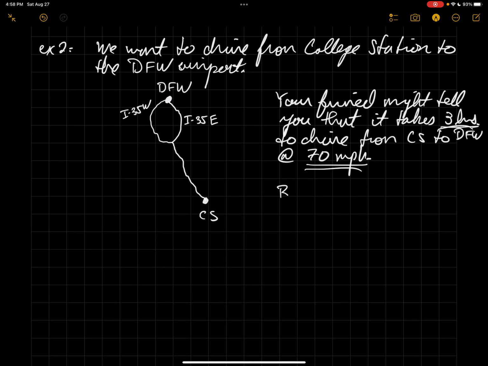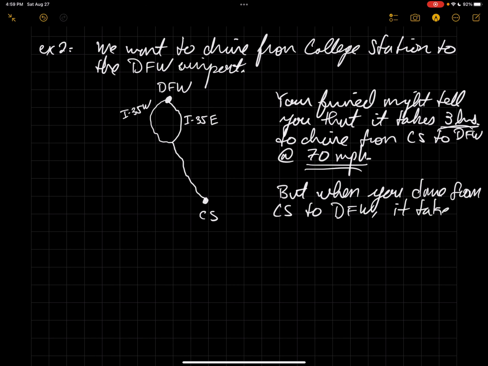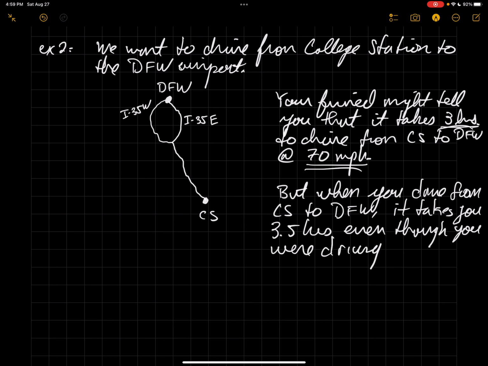But when you drive from College Station to DFW, it takes you 3.5 hours, even though you were driving 70 miles an hour.